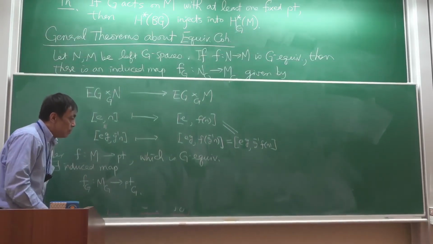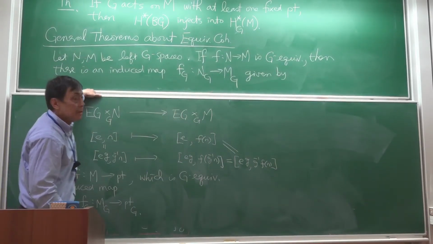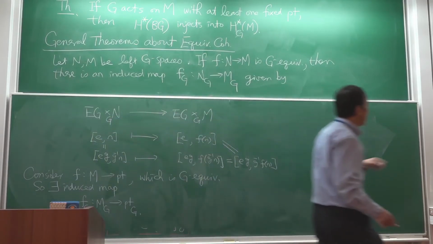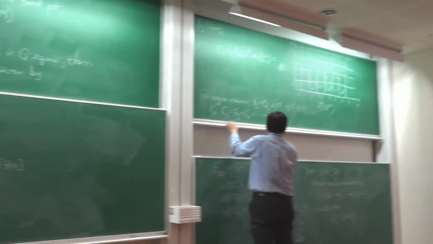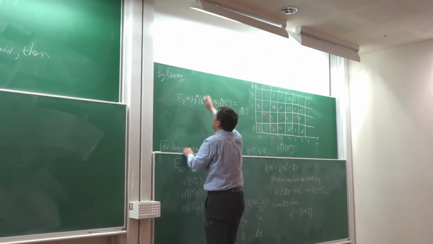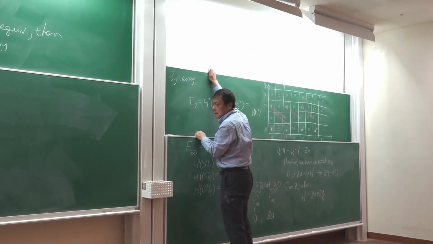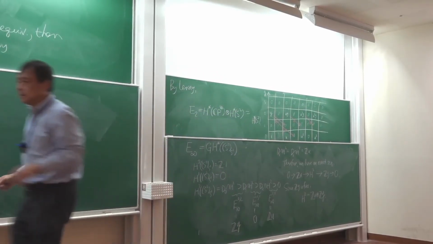Now, what is the homotopy quotient of a point? It's BG.